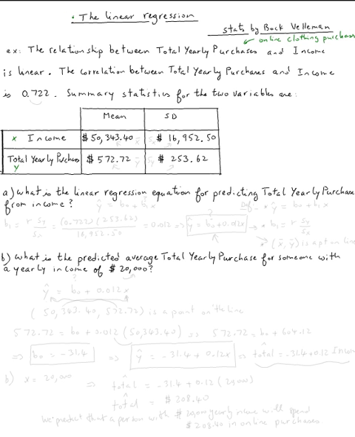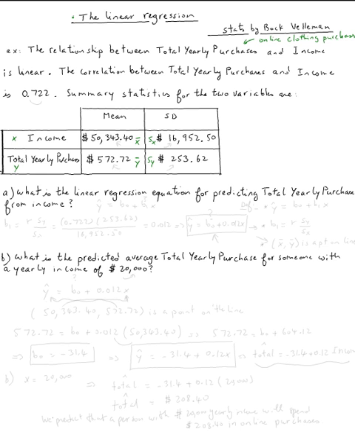Think of this as X bar and this as Y bar, the mean of all X's and the mean of all Y's. And this is SX, the standard deviation of all X's, and this is the standard deviation of all Y's.